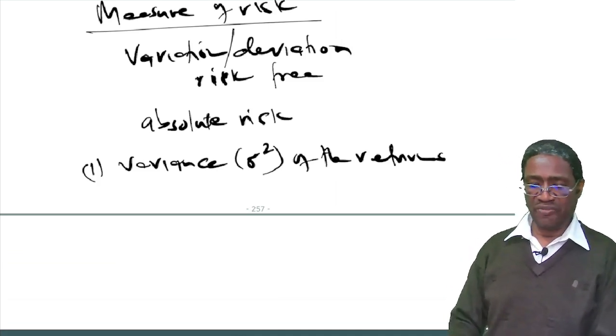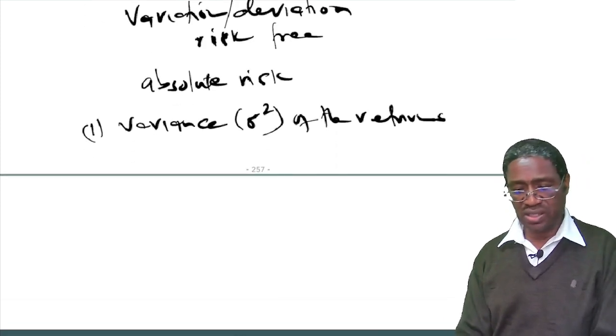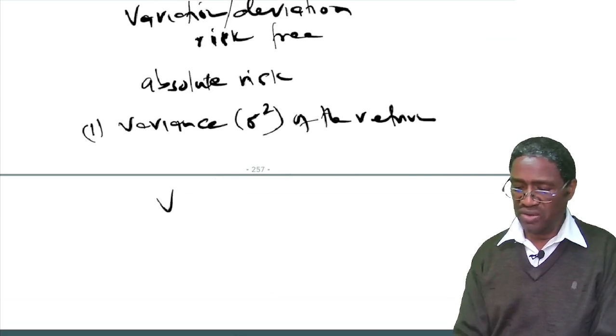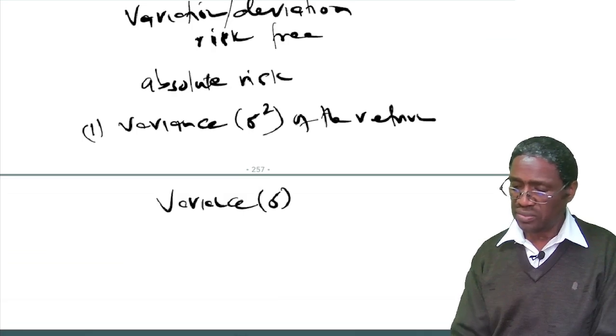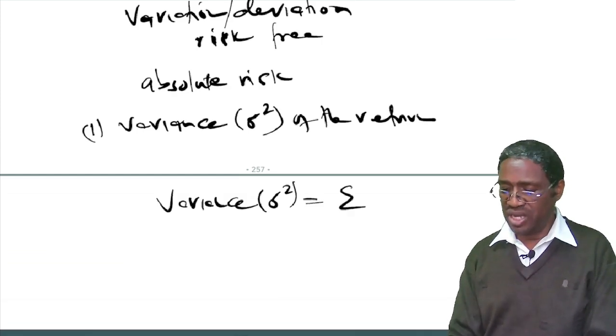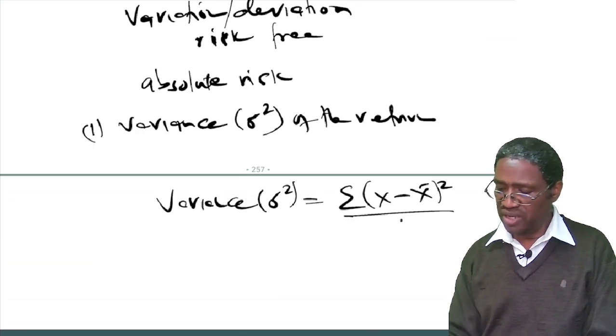Then put down the formula. We have already discussed the formula. Variance, theta squared, we have said is the summation of the deviations, x minus x bar, squared, divided by n.